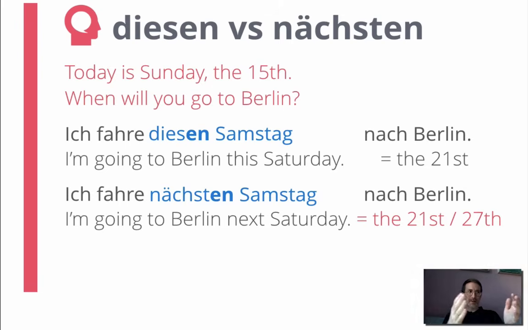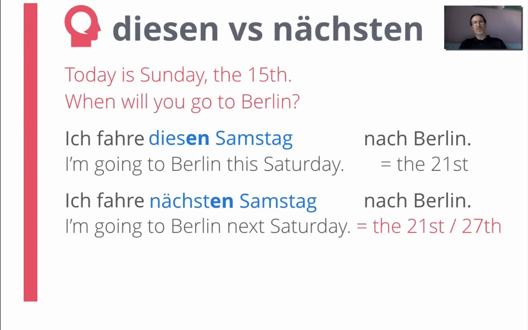Some say it's the 21st. Others say next means the one in the week after the one that is beginning right now. So if you want to be sure and someone says, let's meet next Saturday, you always ask them for the date. Am wievielten. This is what you've learned in the last live class, which you will find in my Everyday German course. So careful with next, it's a bit tricky.